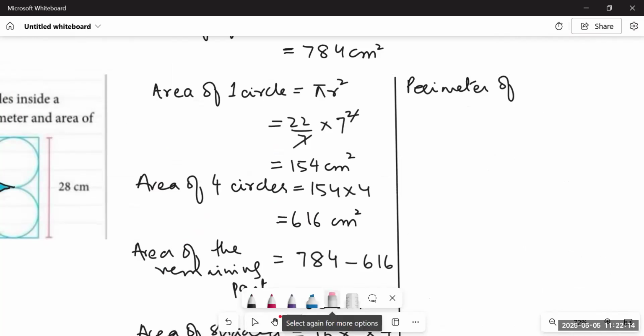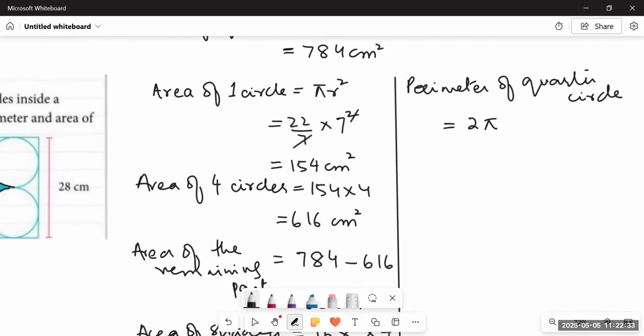Let us find out the perimeter of a quarter circle by applying the formula. It's 2 pi r upon 4.